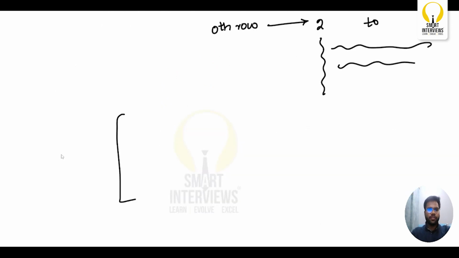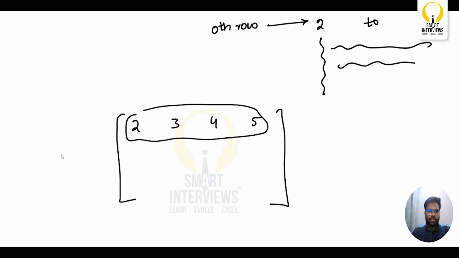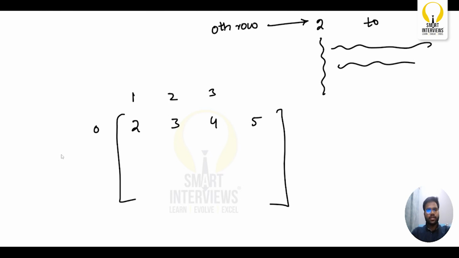Initially you'll be filling the 0th row with the consecutive numbers, which are 2, 3, 4, 5. Now how can you get 3 over here? We can use these values. Let's say this is i and j, and let's construct a matrix like this.